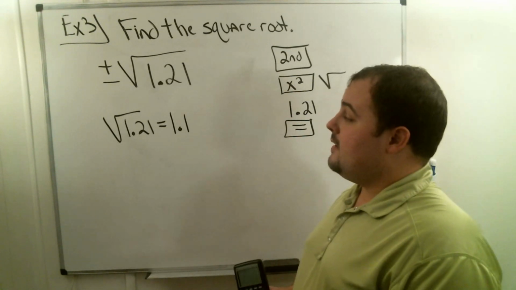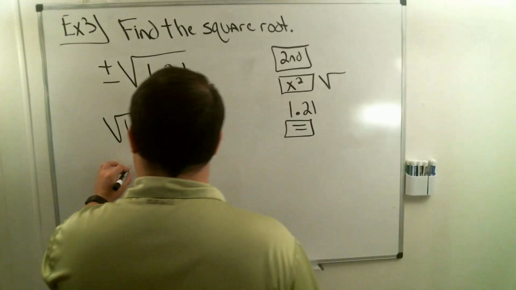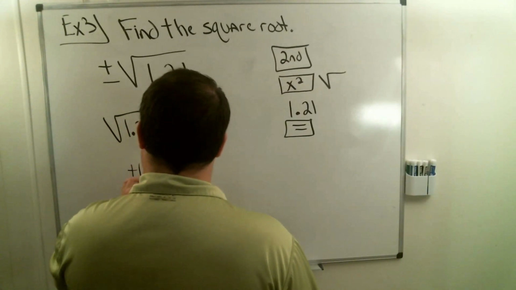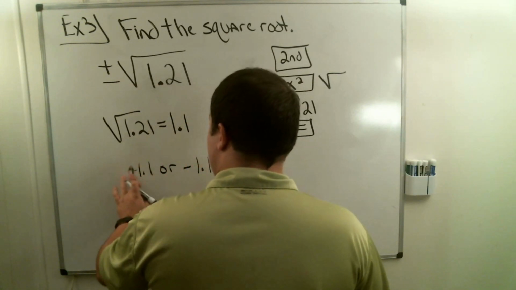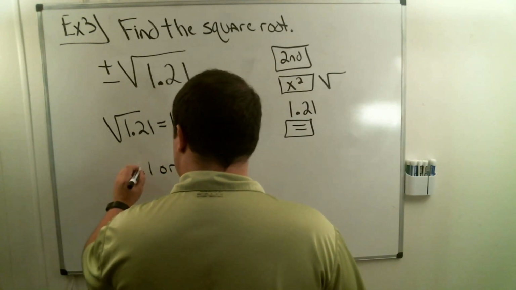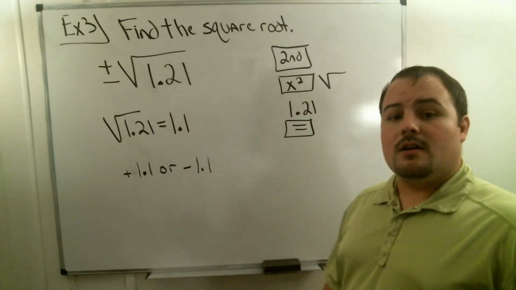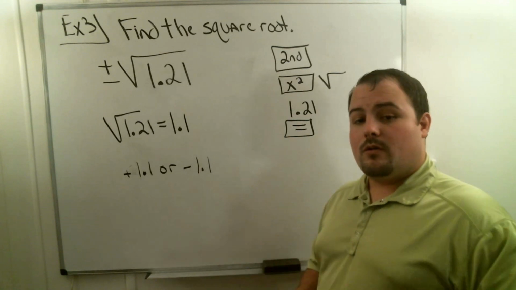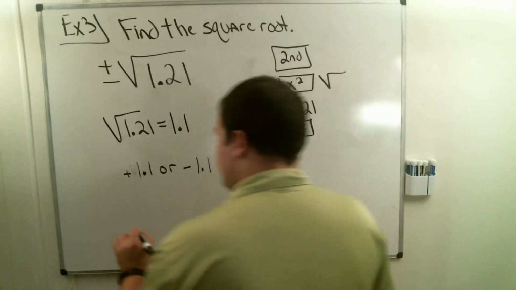Now, this answer is not just 1.1. This answer is a positive 1.1, or it's a negative 1.1. That's because two positives will make 1.21, and two negatives would also make 1.21 if I multiply them.